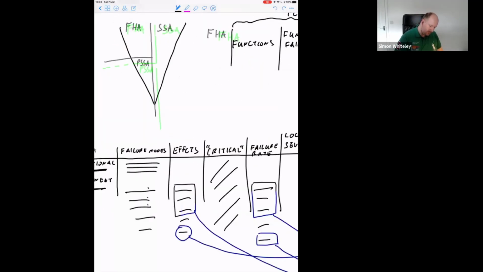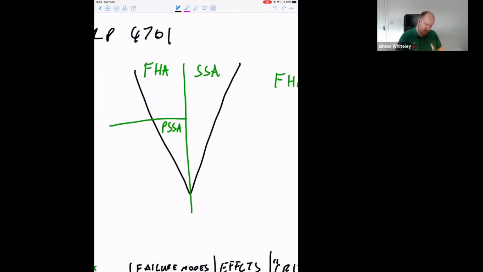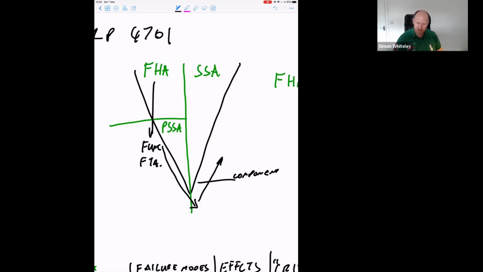From this point here, you can do a set of high-level functional fault tree analysis to help set requirements and targets. But until you get down this side of the V life cycle and start to come up this side, you won't necessarily know what components you're going to be using.